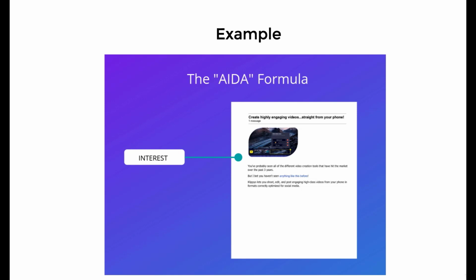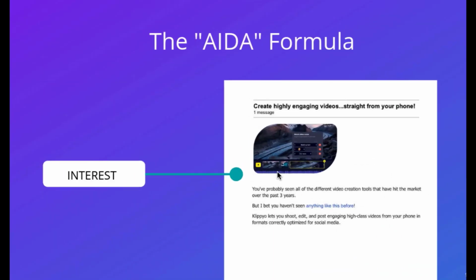The second letter is the I, interest. Once you have their attention, you have to hold their interest in the first paragraph, or you will lose them. What you need to do is get them very interested and engaged with unusual information or anything that will really benefit them.